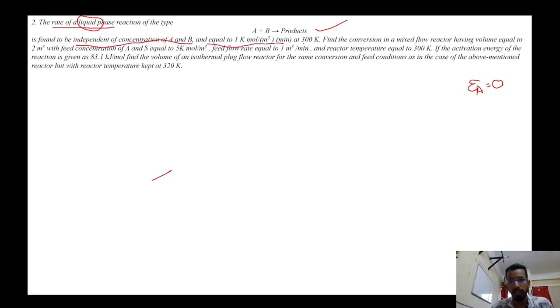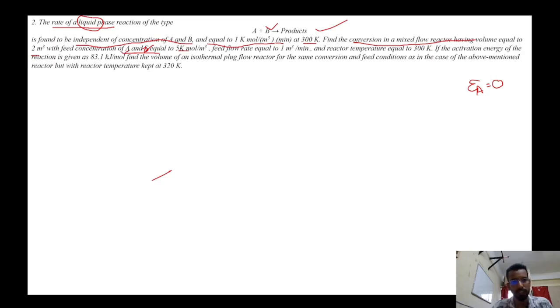Okay, at 300 Kelvin. Find the conversion in a mixed flow reactor having volume equal to 2 meter cube with feed concentration of A and S equal to 5 kilomole per meter cube. We are feeding A and S along with B, but we don't require S. Since A and S have equal concentration, we just require the concentration. Okay, that's all.